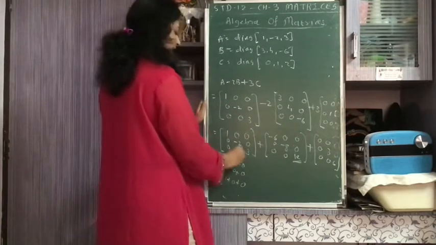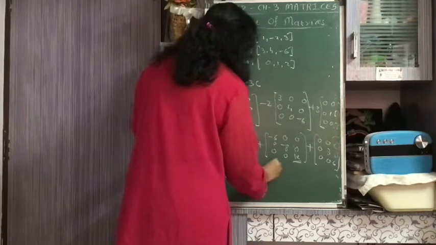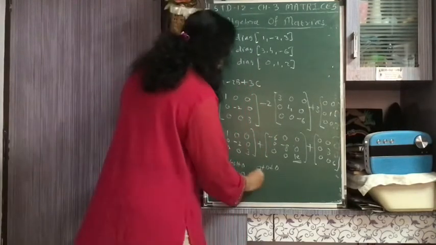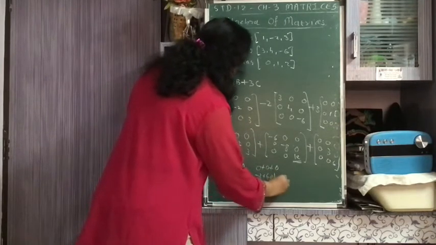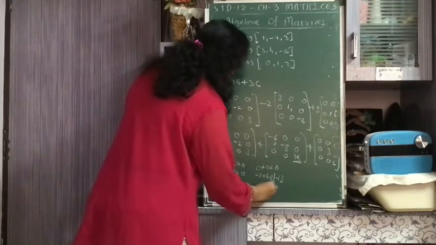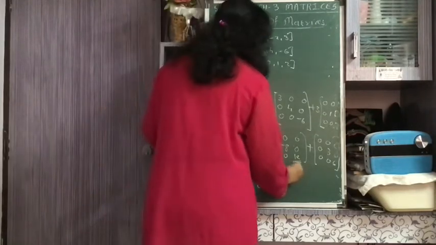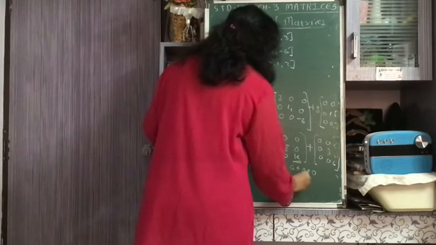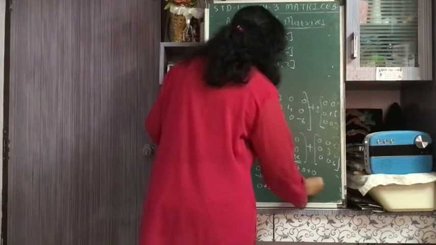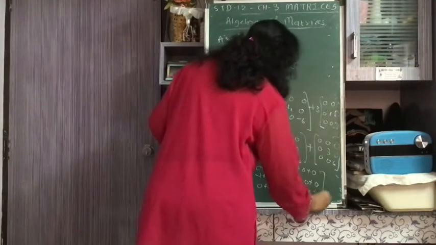Now we move to the second column element. 0 plus 0 plus 0, minus 2 plus minus 8 plus 3, 0 plus 0 plus 0. Now we move to the third column. 0 plus 0 plus 0, 0 plus 0 plus 0, 3 plus 12 plus 6.